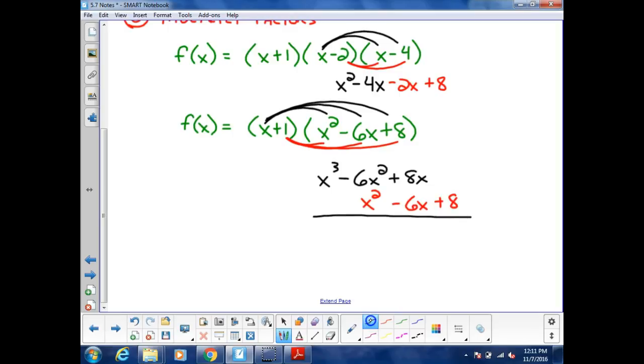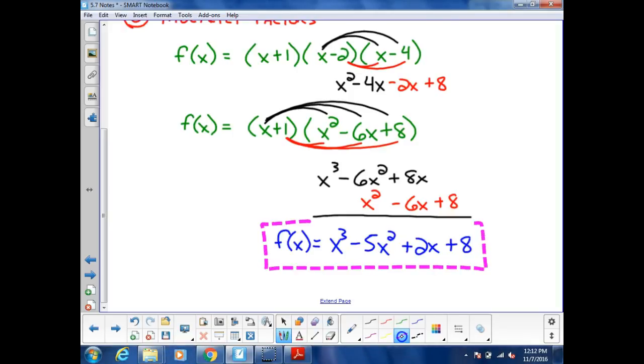I add those together, and I get f of x here equals x cubed minus 5x squared plus 2x plus 8. And I've made it home with all of my belongings.